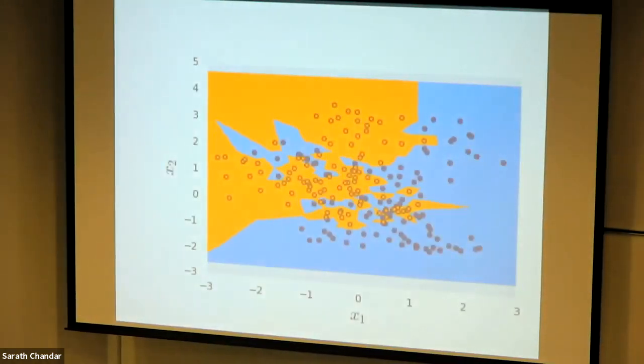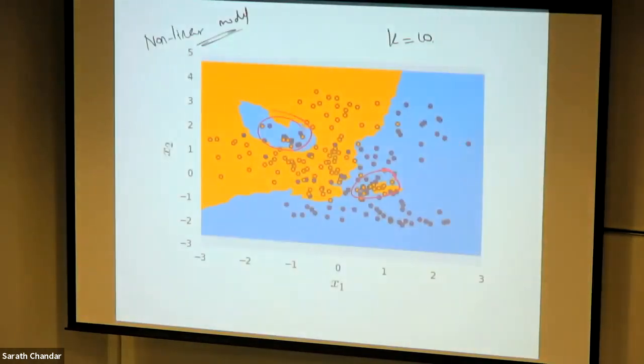So here is how it's going to look. In this case, K is equal to 1. First of all, it's not a lot of small regions, because whenever you see two oranges, they are going to stick together. So it's still non-linear, still quite complex. It's even more irregular than the previous boundary. This boundary is smooth, right?